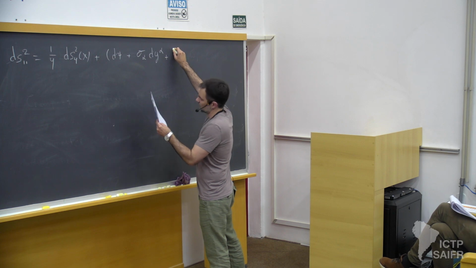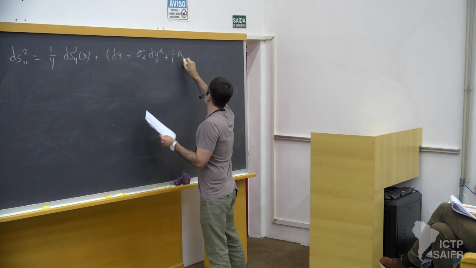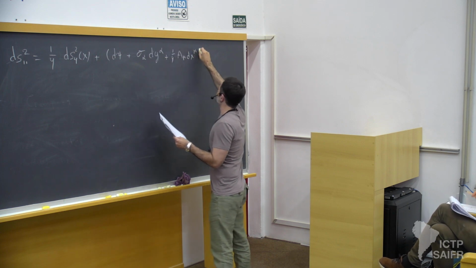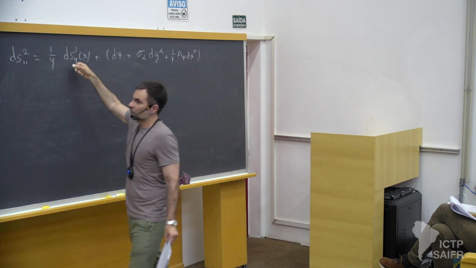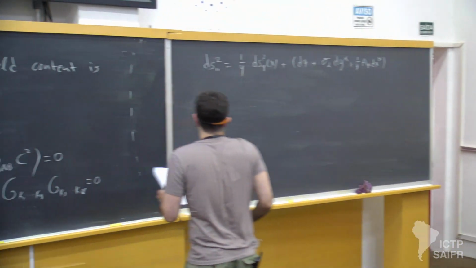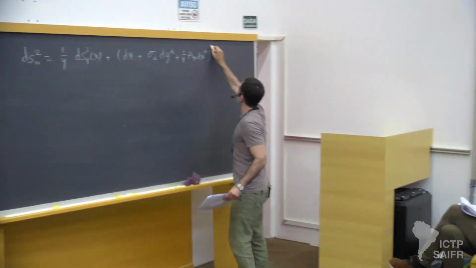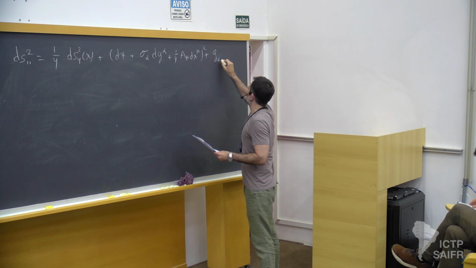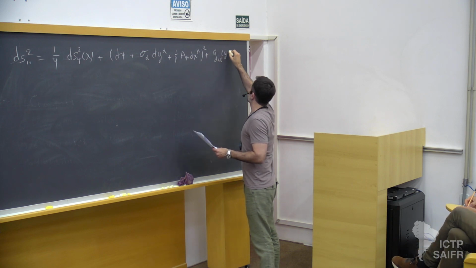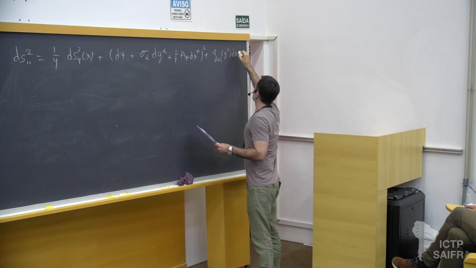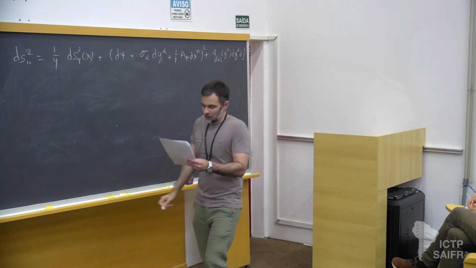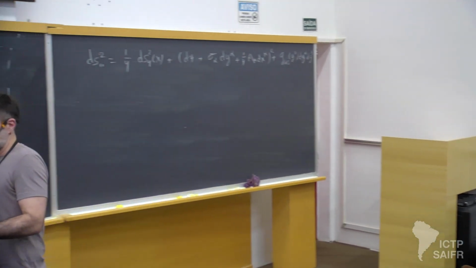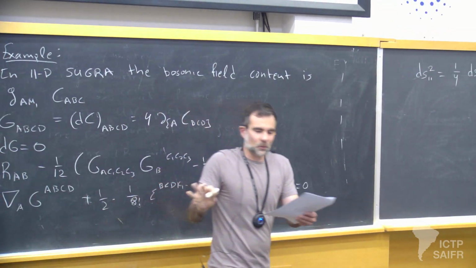Plus 1/4 A_mu dx^mu. Now, A_mu is a 1-form living in this 4-dimensional space. That's squared, plus a 6-dimensional metric which for technical reasons you ask to be Kahler-Einstein.